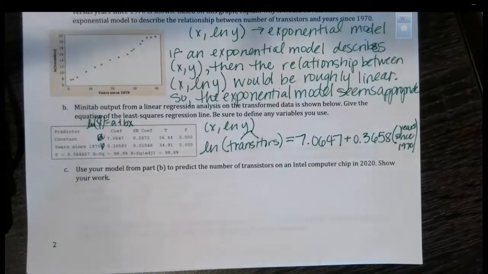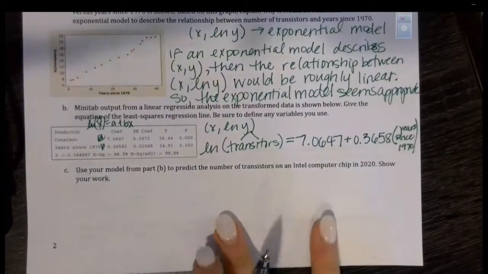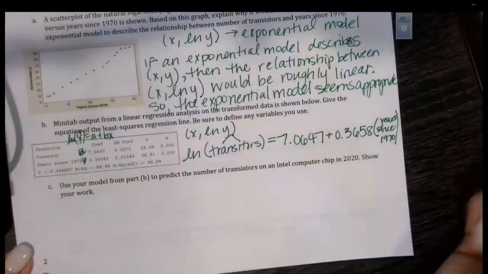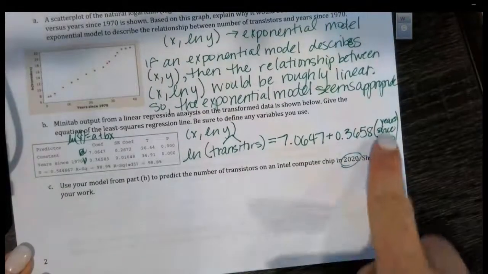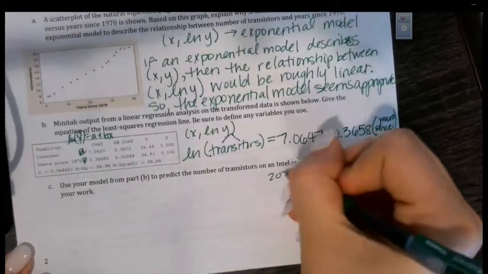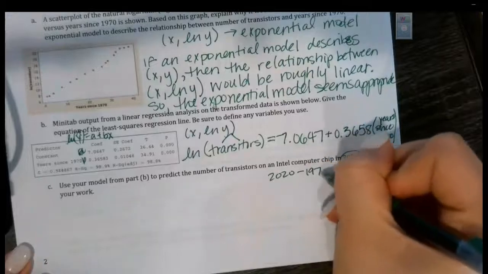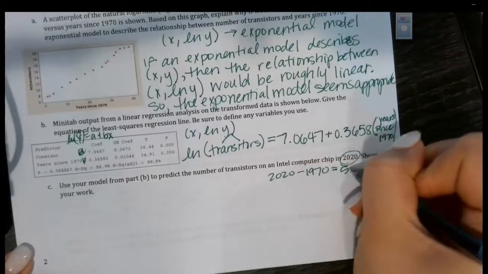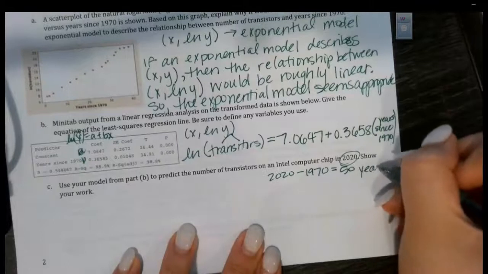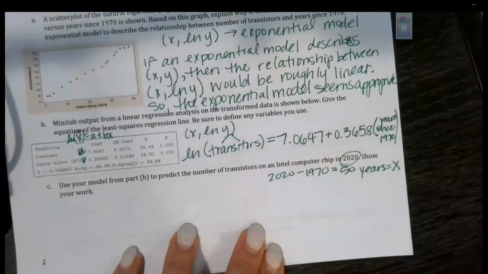And there's our equation. So let's now use that to predict how many transistors on an Intel computer chip in 2020. So 2020 is how many years since 1970? So 2020 minus 1970 equals 50 years. So this is our x, okay?